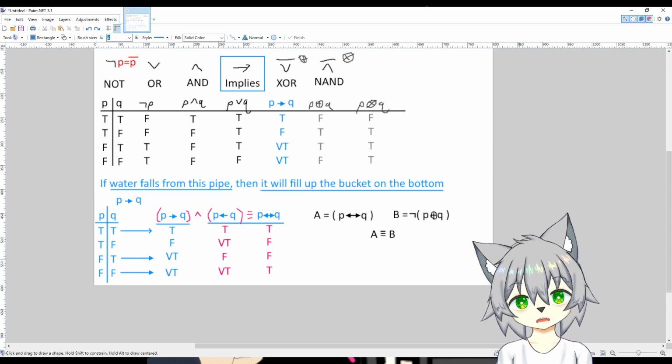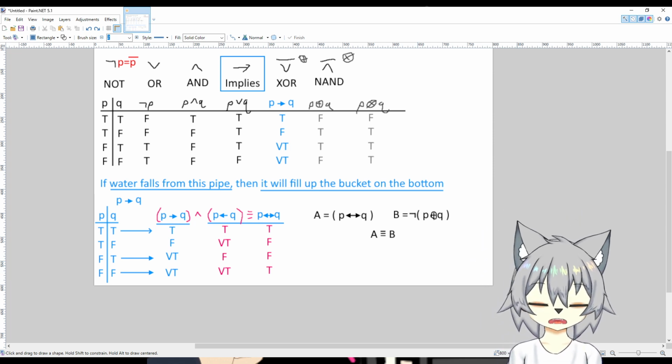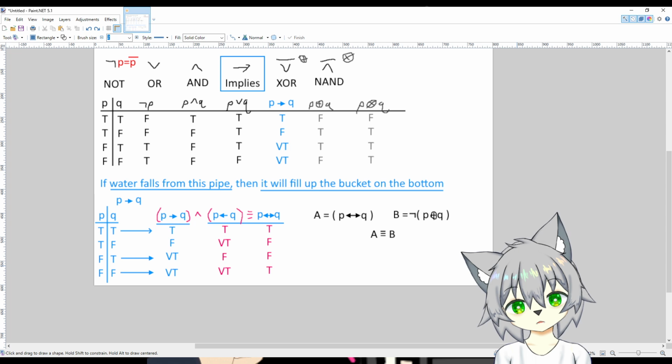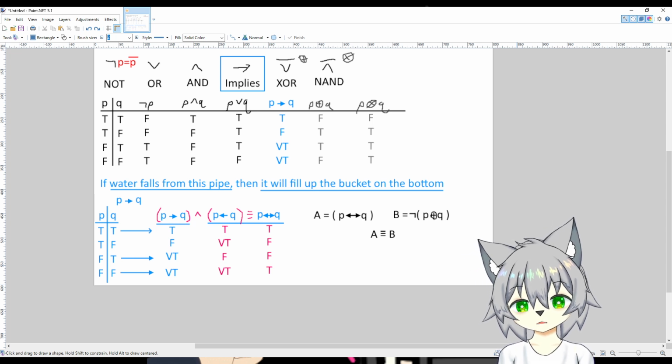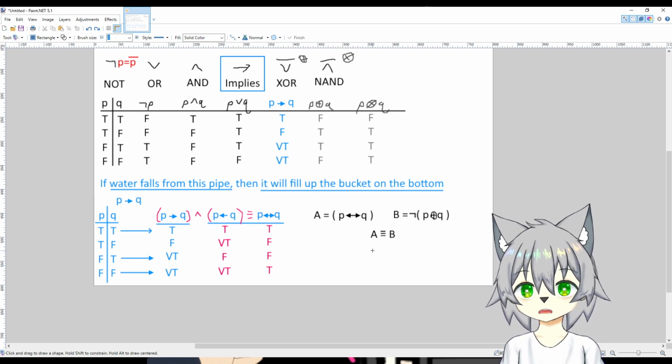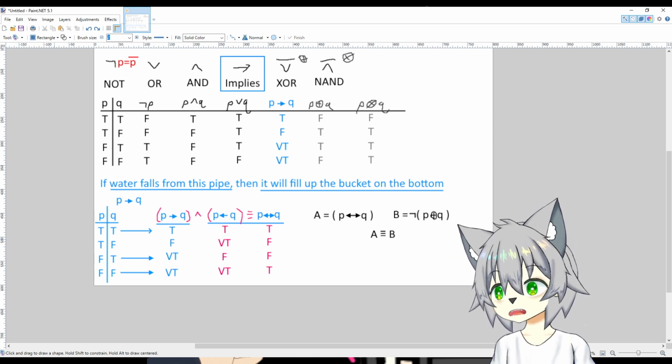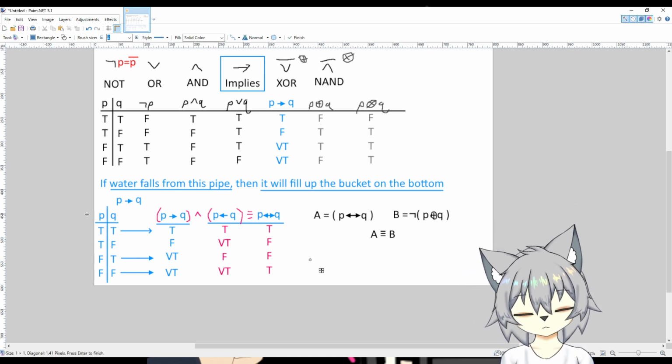Basically, propositional equivalence is if our two compound propositions are always true, if A can be interchanged with B more properly. Why don't I go ahead and write that down?